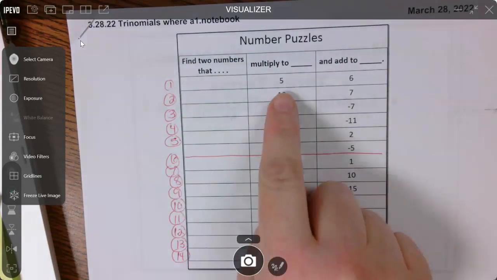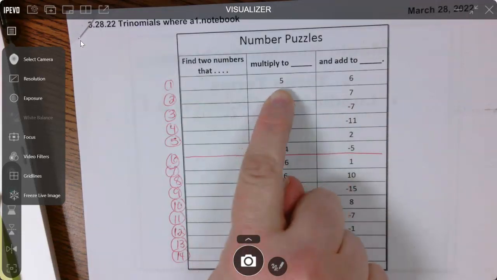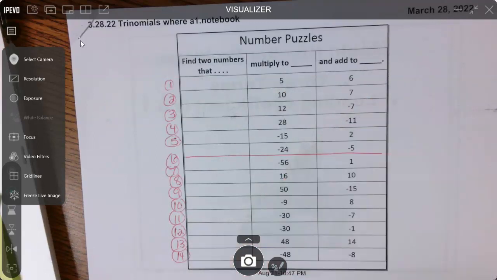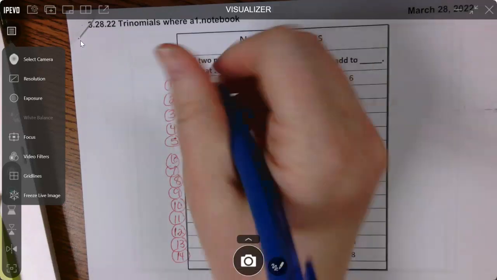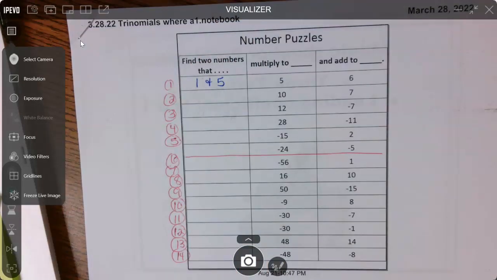These are number puzzles. We're asked to find two numbers that multiply to give me 5 and add to give me 6. Well, the only things that multiply to give me 5 would be 1 and 5. And the question is, does 1 plus 5 equal 6? Yes. So our two numbers here would be 1 and 5.